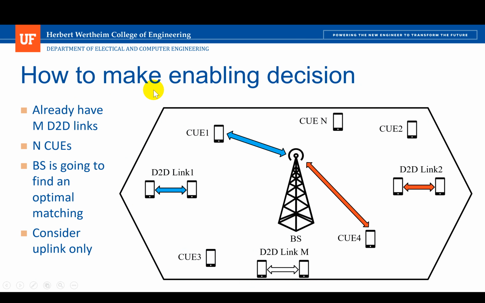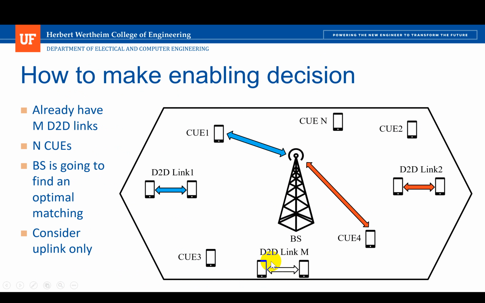So here is how this paper proposed their research under this kind of scenario. First they have a cell, and in the center of the cell they have a base station, and in the cell they have N cellular users and M D2D links.